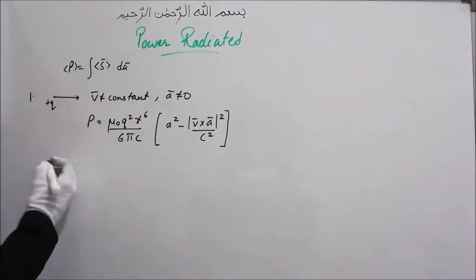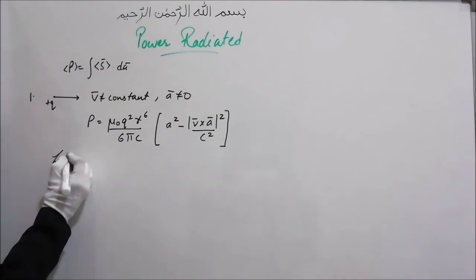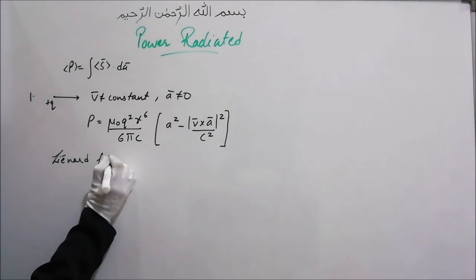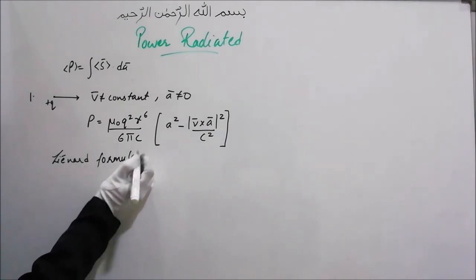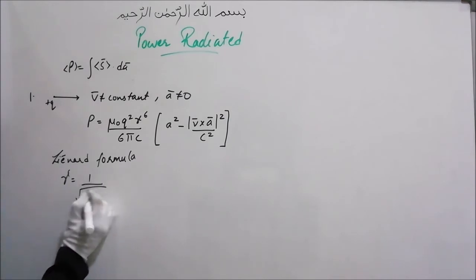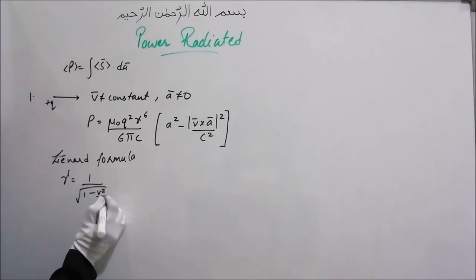This formula is known as the Liénard formula. Here gamma is the Lorentz factor, which is 1 by root of 1 minus v squared upon c squared, a is the acceleration and v is the velocity.